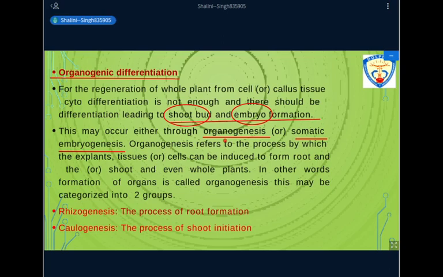And in somatic embryogenesis, the callus is made to form embryo-like structures, which are known as somatic embryos. Then these somatic embryos are used to develop root and shoot at the same time, simultaneously. That is the main difference between organogenesis and somatic embryogenesis.